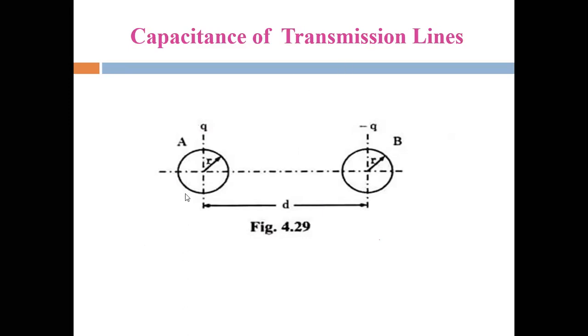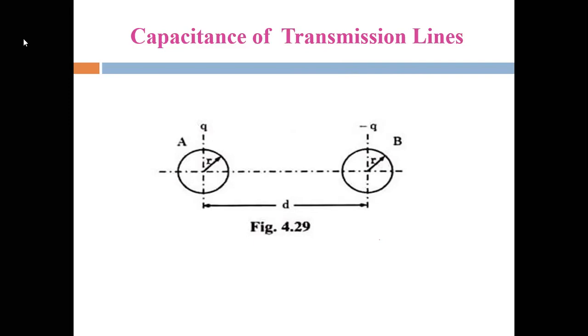Conductor A has a radius of r meters and conductor B has a radius of r meters. Conductor A has a charge of q coulombs and B has a charge of minus q coulombs.